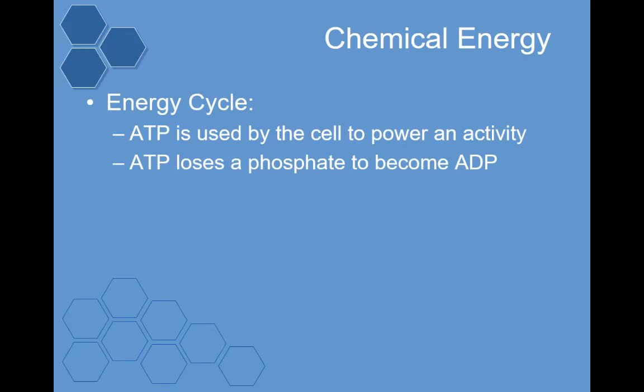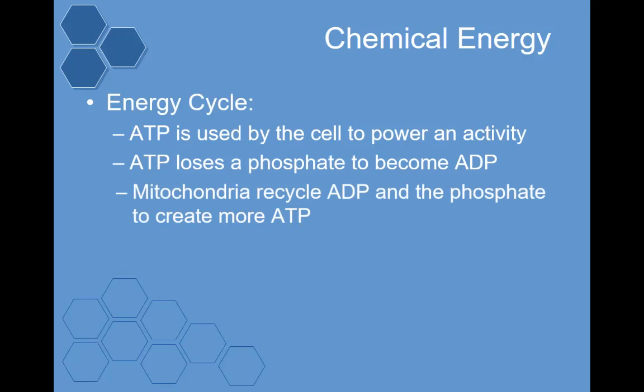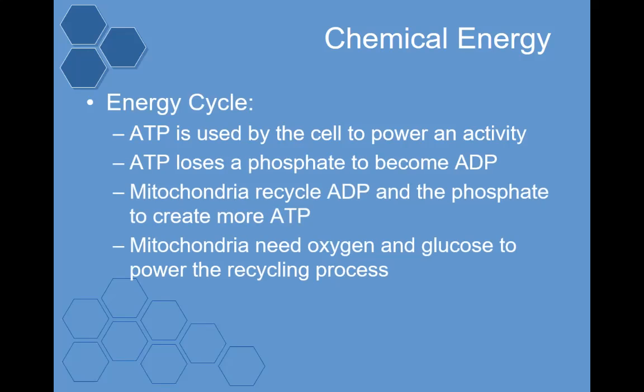That ADP is then going to be sent to the mitochondria, remember the powerhouse of the cell, and recycled by reattaching that last phosphate group to create more ATP. Okay. In order to do this, the mitochondria is going to need oxygen and glucose to power the recycling process.